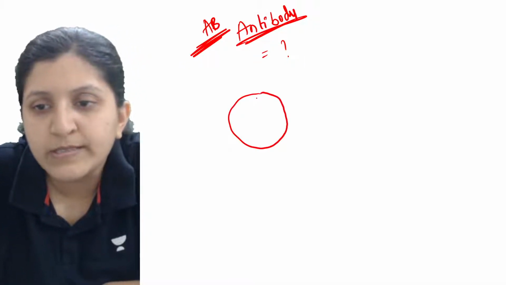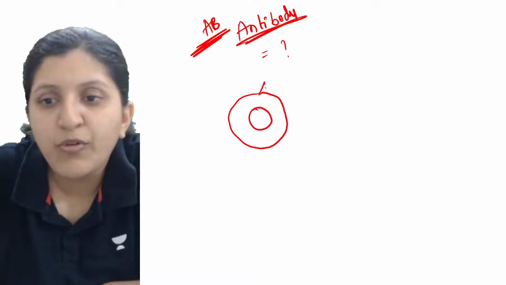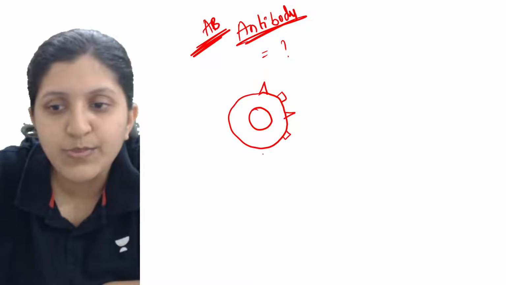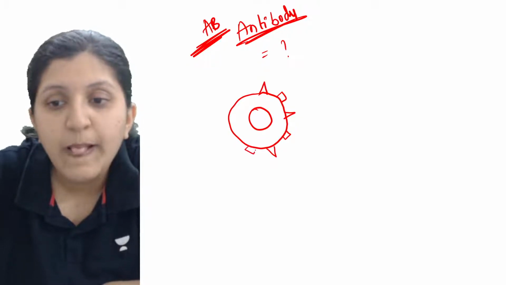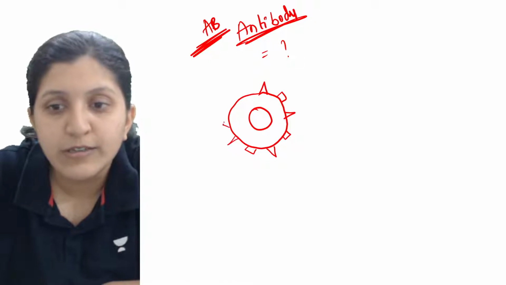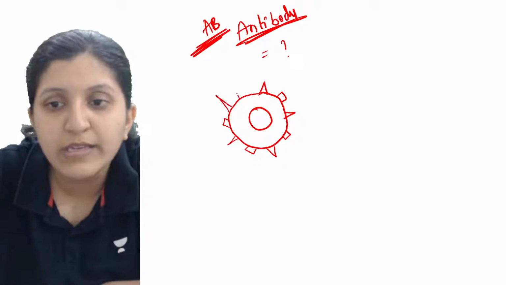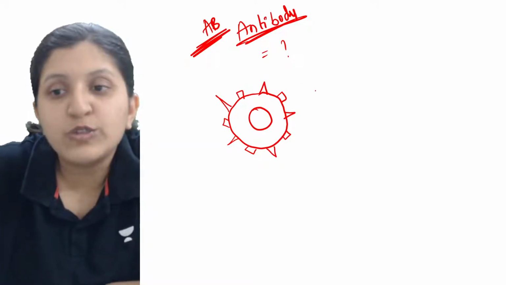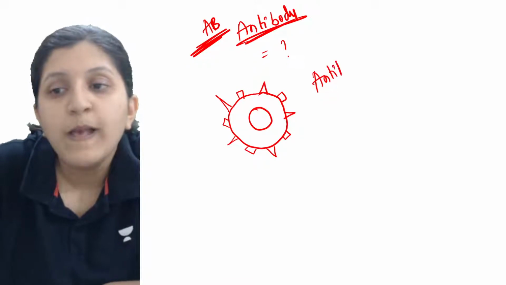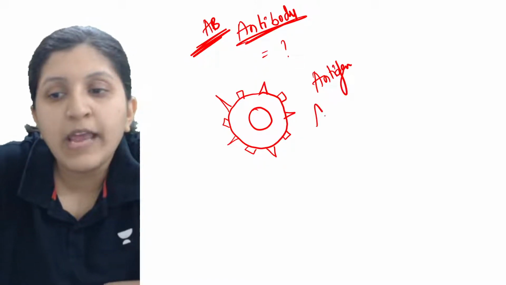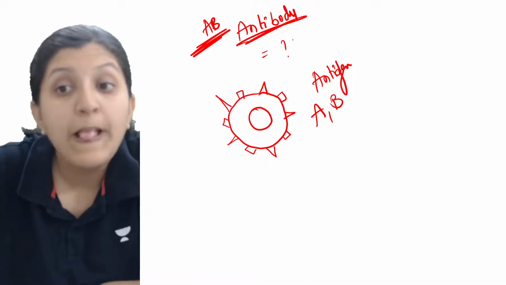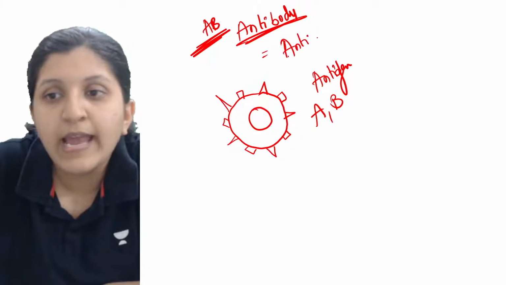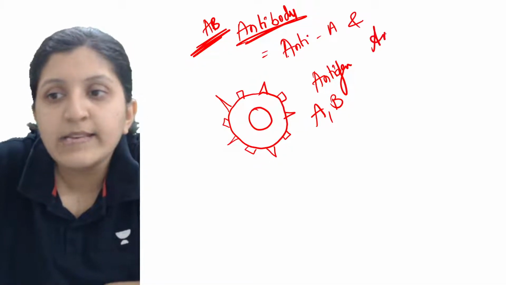On the RBC you can find A type of antigen as well as B type antigen. So there is A, there is B. Basically you can find both types of antigens here. But if we are considering the antibody, you can find anti-A, and there is anti-B.